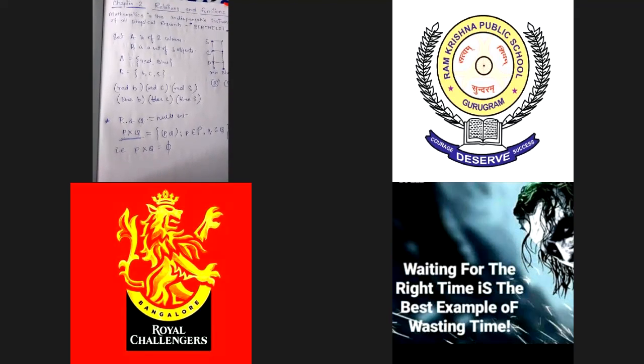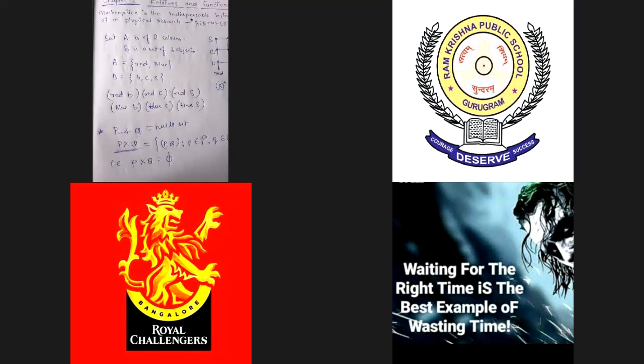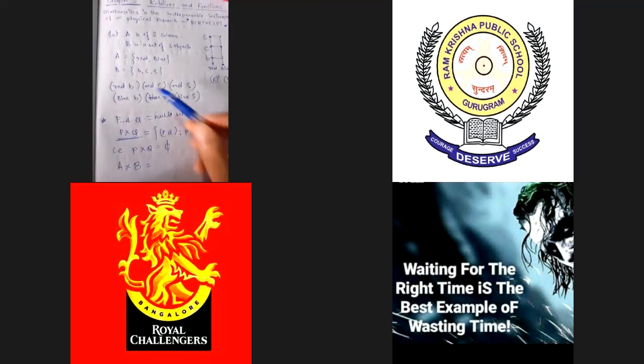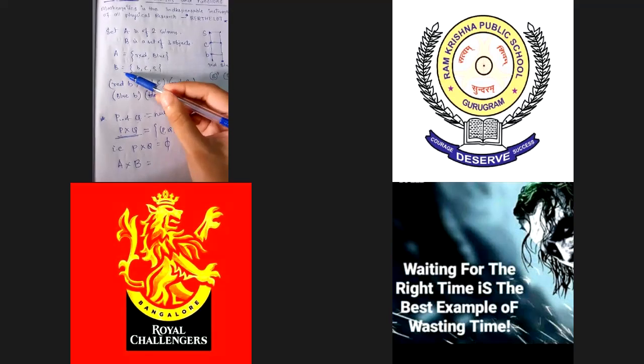Okay, so here when you are finding this first question and here you have to find like E into B. Same example I am taking. If you have to find Cartesian product of A and B, then what is the answer? Tell me.